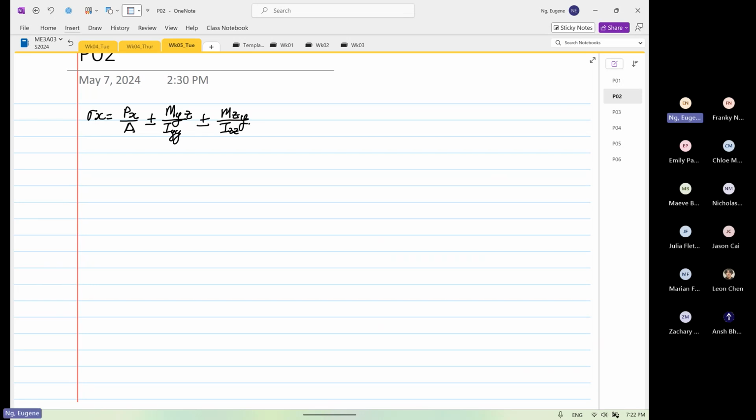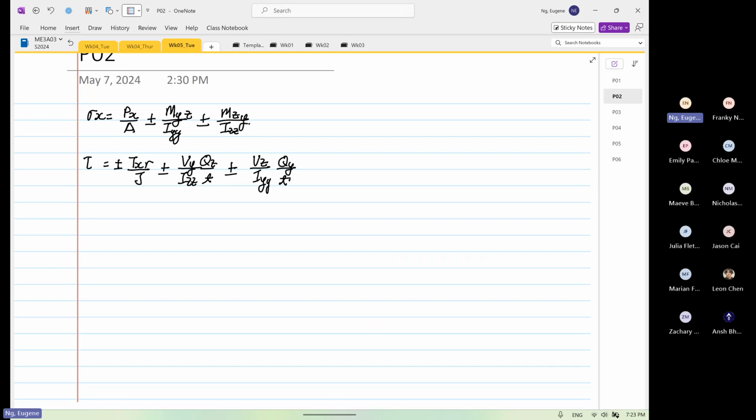Okay, and then the other one in here, you have plus minus Tx R over J, plus minus Vy Qz over Izz t, and then plus minus Vz Qy over Iyy t, right?